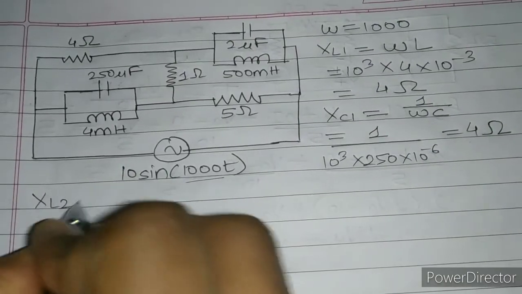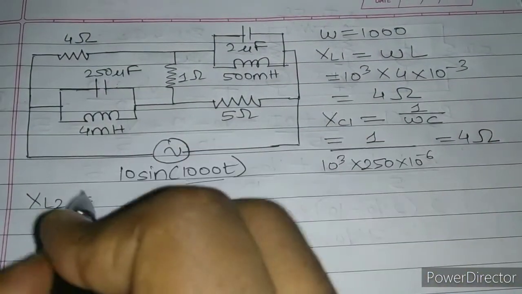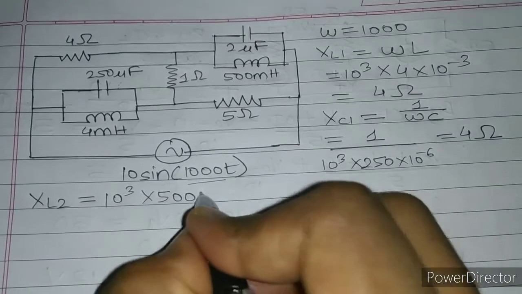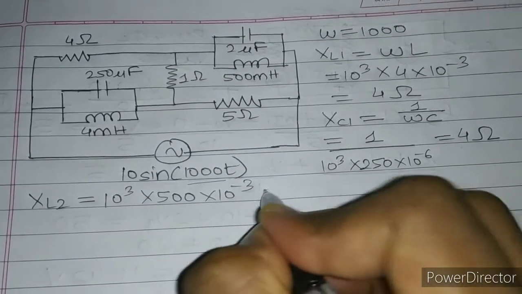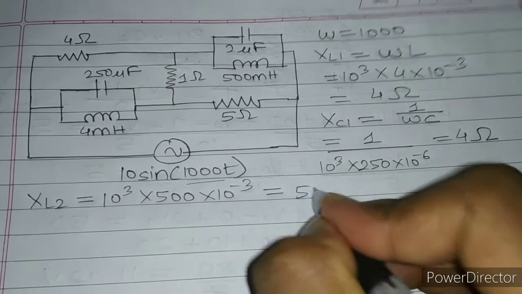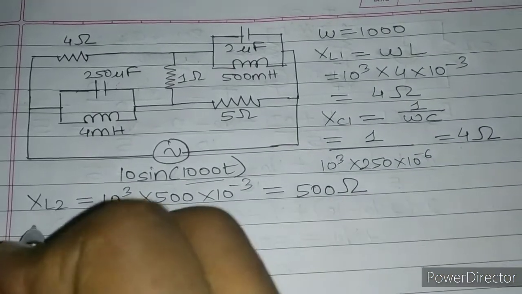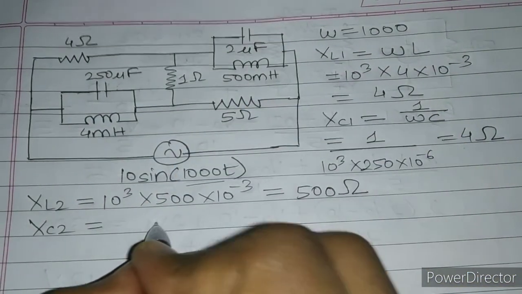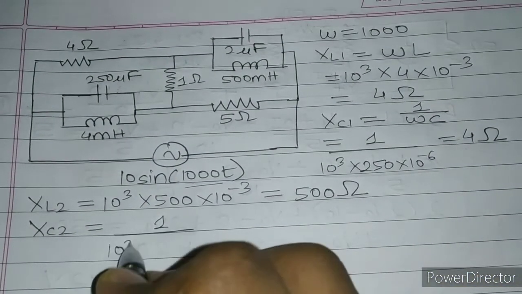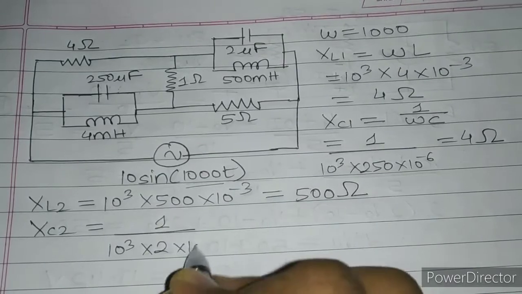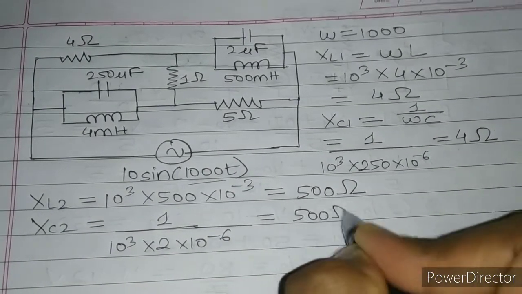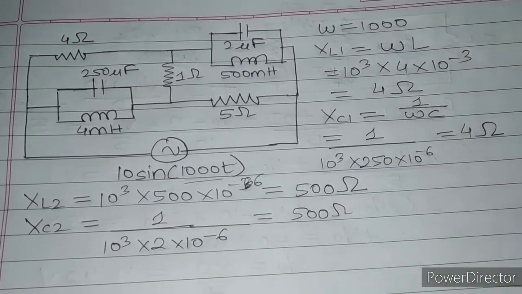Now XL2, where L2 is 500 millihenry inductor, is equal to 10 raised to 3 into 500 into 10 raised to minus 3 is equal to 500 ohms. Now XC2, where C2 is the 2 microfarad capacitor, is equal to 1 upon 10 raised to 3 into 2 into 10 raised to minus 6, which is again 500 ohms. Oh sorry, this should be 10 raised to minus 6.